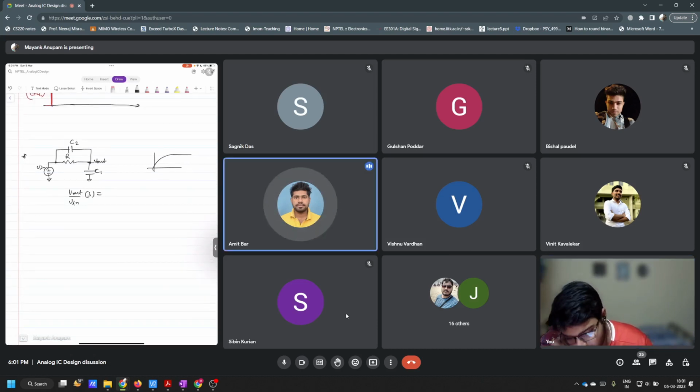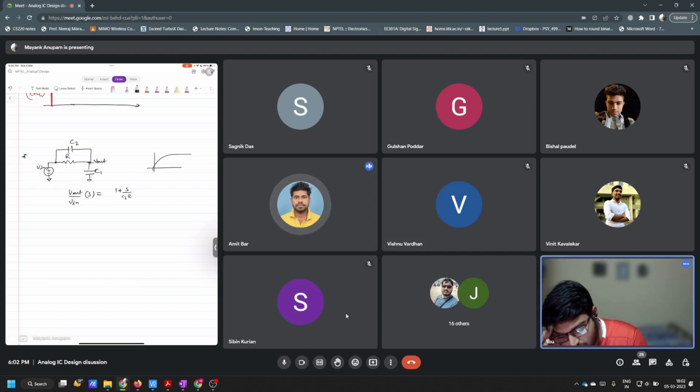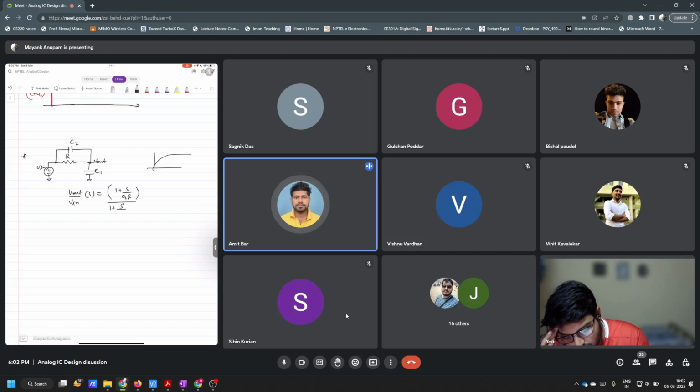Sir, in the numerator there will be 1 plus s by z_on, where z_on is 1 by C2 R actually. Yeah, that is correct. That is the 0. And there will be one pole in the denominator, like 1 plus s times the parallel combination of C1 plus C2 into R. Correct.